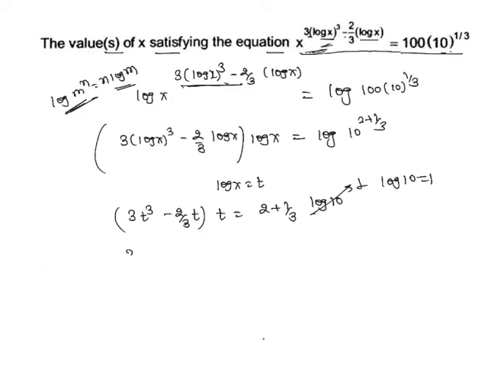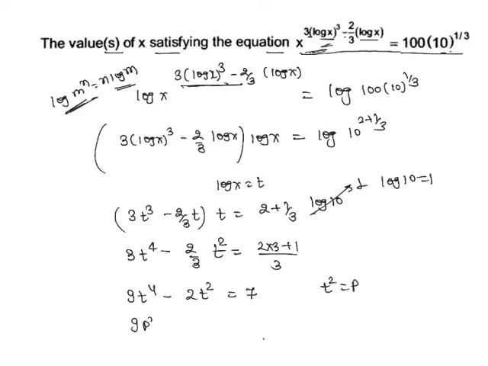Now if you multiply, this will come 3t power 4 minus 2 by 3 t square equals, we take LCM, 3 into 2 plus 1. Now if I multiply 3 with this equation, 9t power 4 minus 2t square equals 7, where t square we assume as p. So this will come 9p square minus 2p minus 7 equals 0.